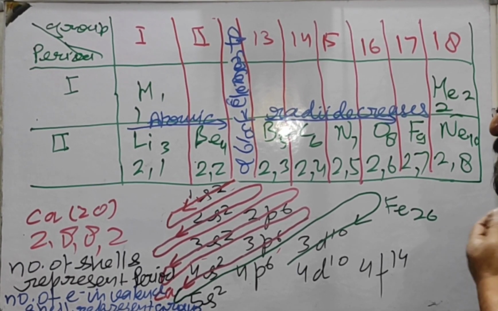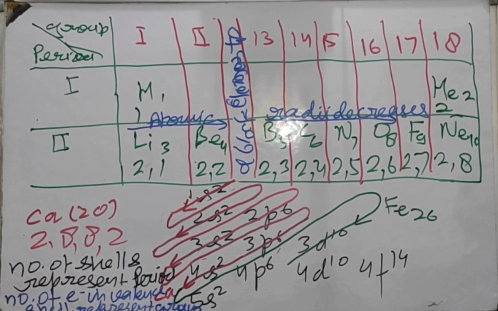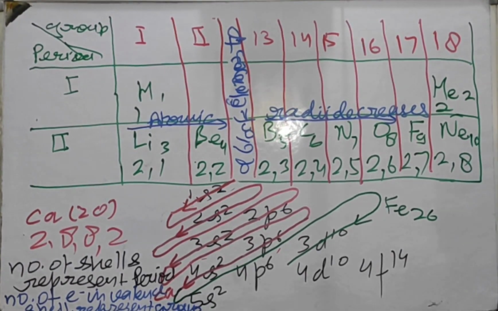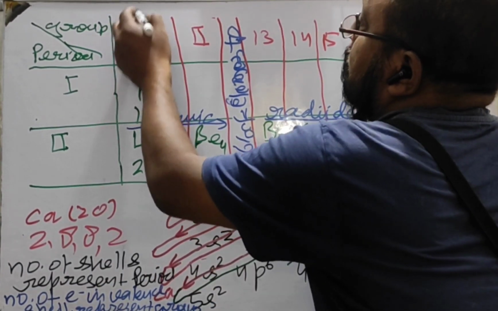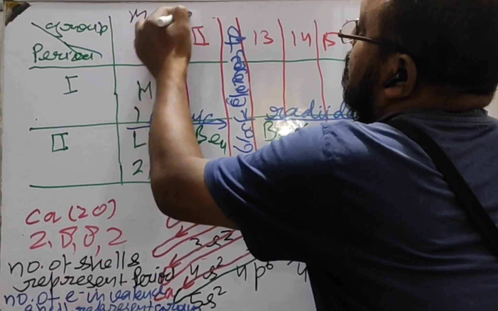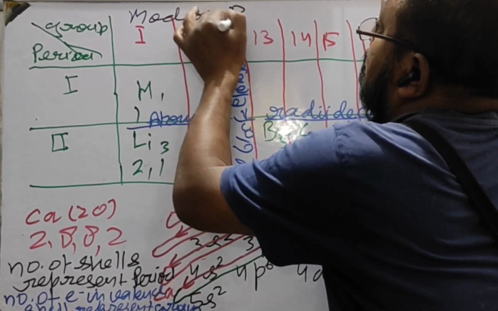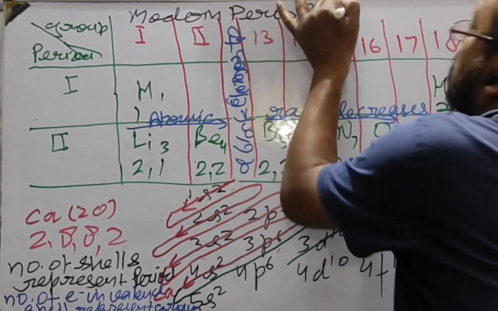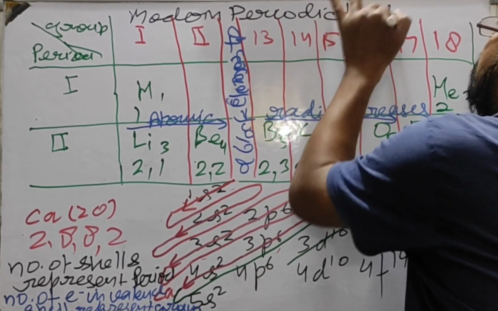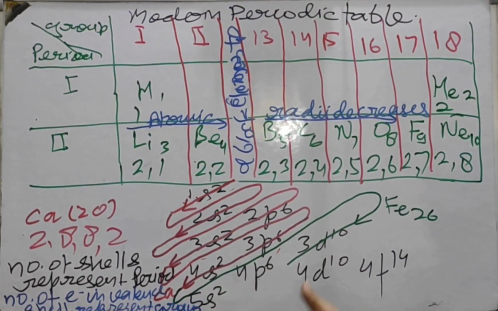With the help of electronic configuration, you can know about their position in the periodic table, right? I gave you a brief about how electrons fill in different energy shells.